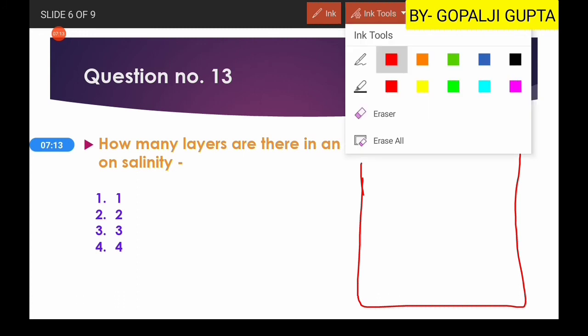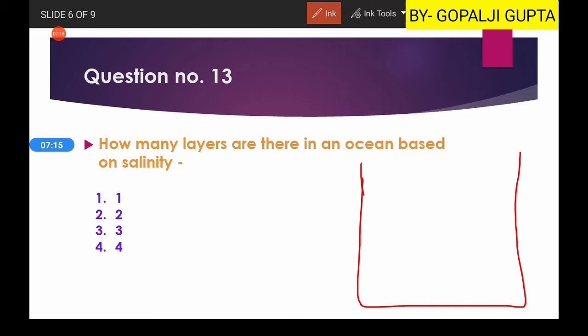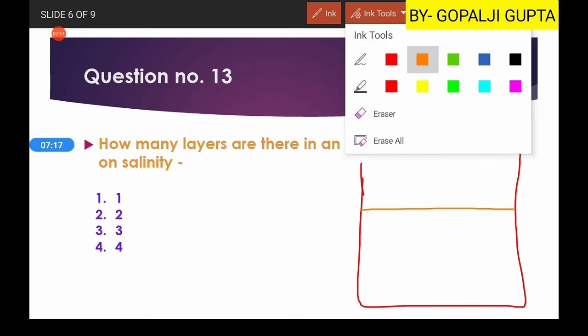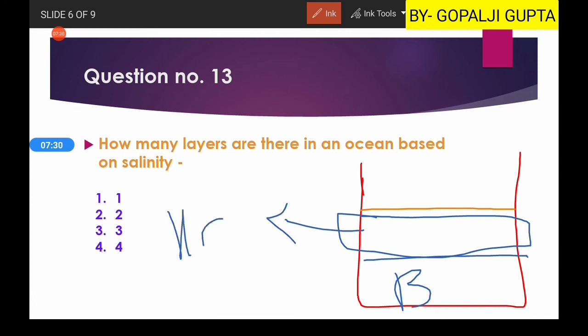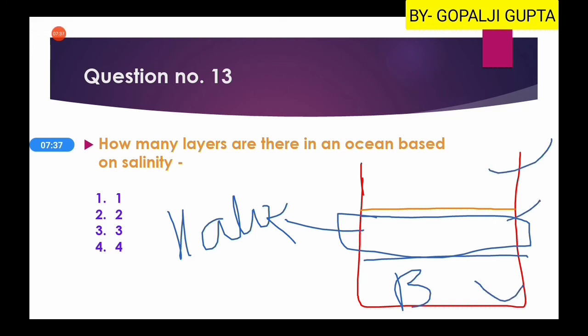Same in the case of salinity, we have the upper layer, the bottom layer, and in between these two the intermediate layer where there is a sharp change in salinity. As I have already told, sharp change in salinity is known as your halocline. So based on salinity we have three layers: upper, bottom and the halocline layer. Here the third option will be our right answer.